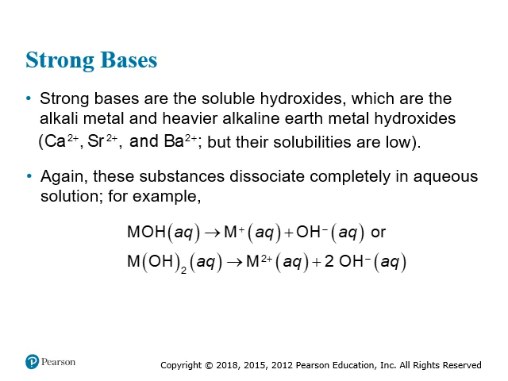It should be noted that these heavier alkaline earth metal hydroxides have a fairly low solubility, but are still considered to be strong bases. These substances will completely dissociate when placed in aqueous solution.